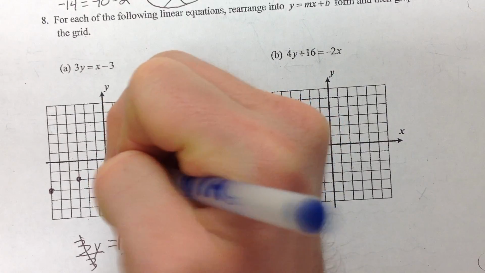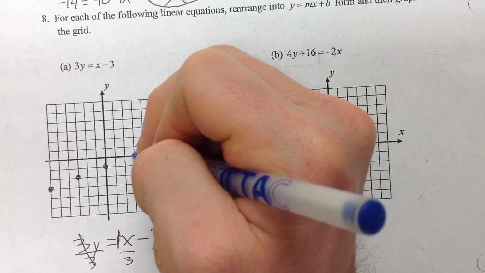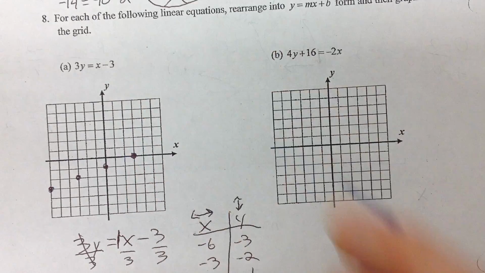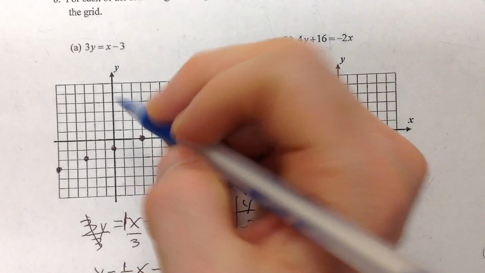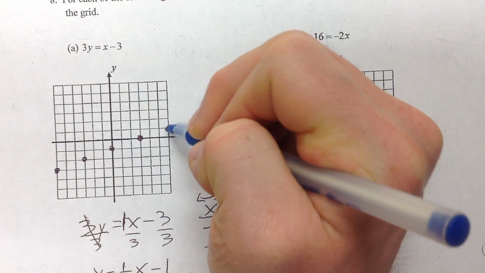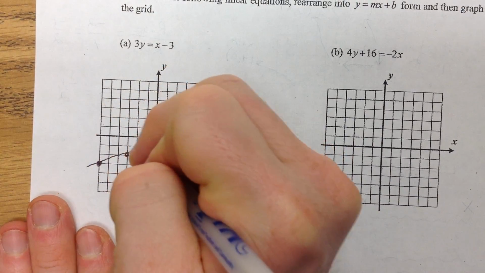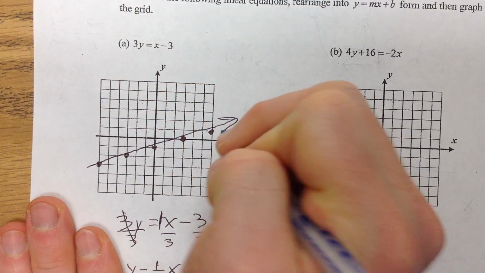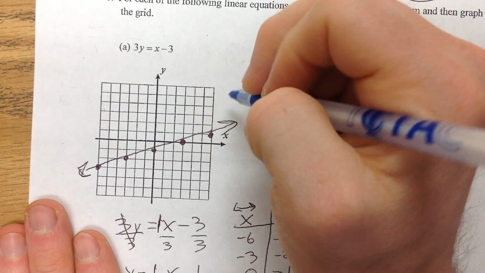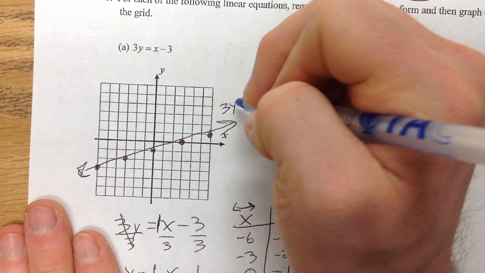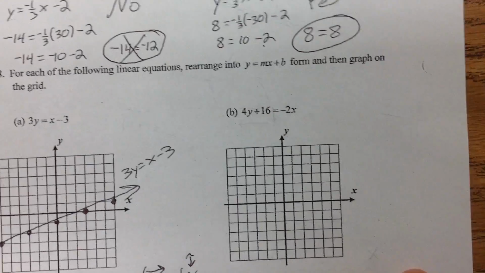I just go down 1. 3, 0 would mean I go over 3 because that's my x, and then I don't go up and down at all because that's my y. And then 6, 1 would just be over 6 and up 1. So I've got all my points. I'm going to connect them. I'm going to put an arrow there to show that it keeps going, and then I'm going to put on my label 3y equals x minus 3.